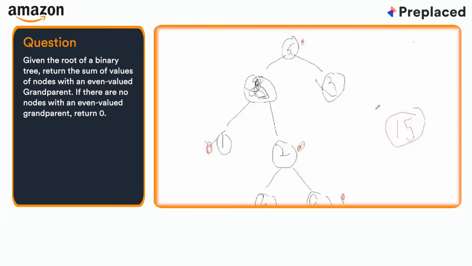We can just make a simple DFS call wherein we will be passing a current node, and while passing it, we can pass its parent or even grandparent. I guess we have to pass both parent and grandparent, and we will be doing it in a DFS call. We will be updating parents and grandparents at each layer, and if for the current one the grandparent is even, then we will be including it in our count.